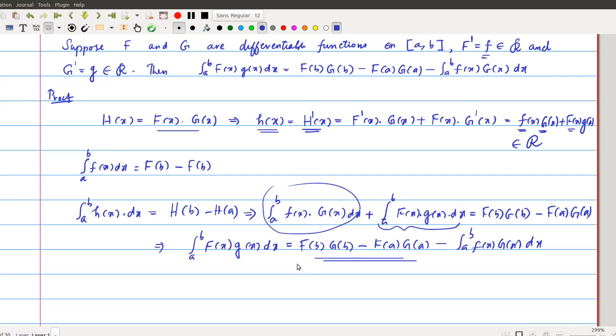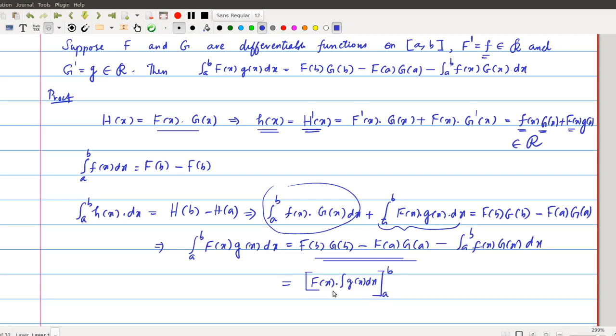So this can be observed like this: F of b G of b minus F of a G of a is integral a to b of this capital F times capital G. We interpret this as capital F of x times integral, this capital G can be written as integral g of x dx, from a to b.